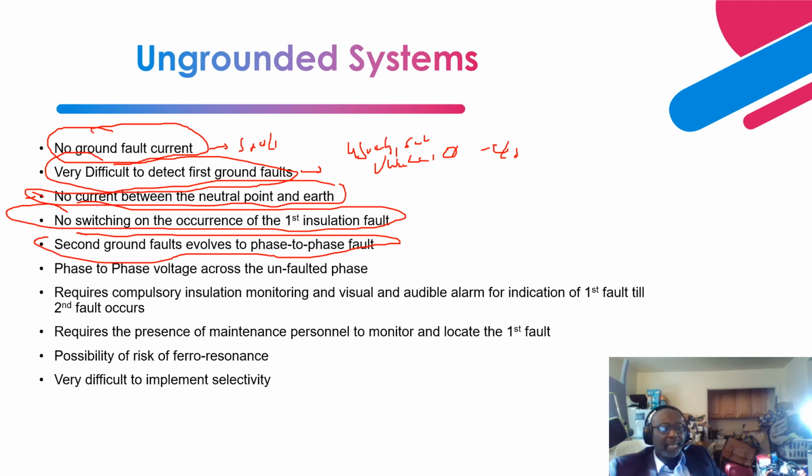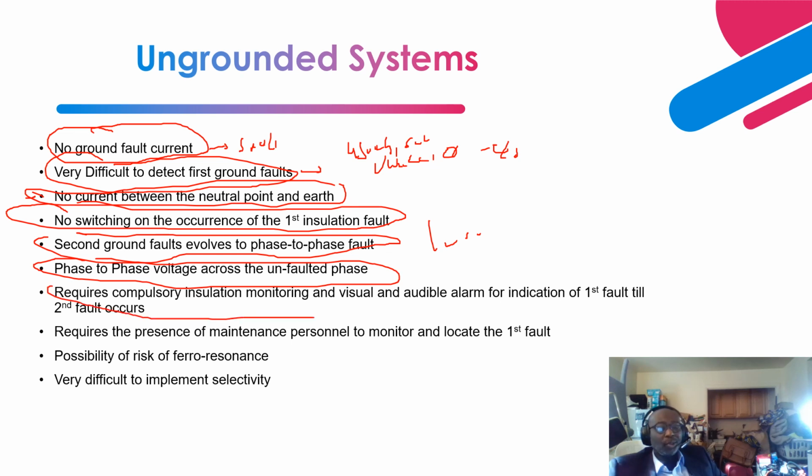If a fault occurs on a phase, the other phases are going to see an elevated voltage, which can be equivalent to a phase-to-phase voltage. So the insulation system is built to withstand a phase-to-phase voltage, and that introduces an additional cost, compared to a wide ground, where the insulation system is built to withstand a phase-to-earth or phase-to-ground fault.